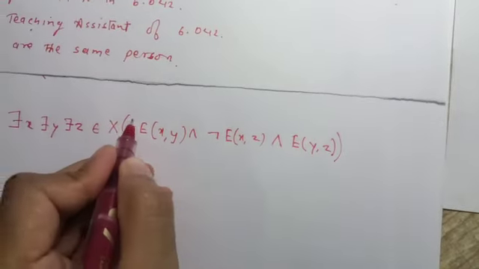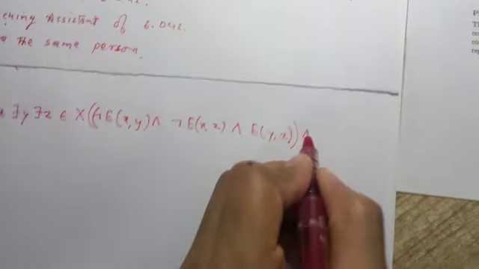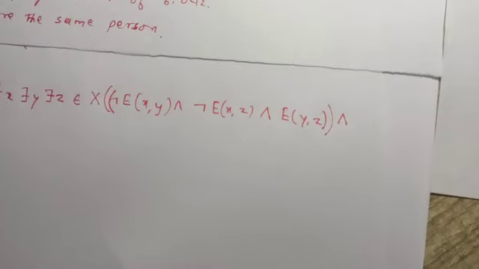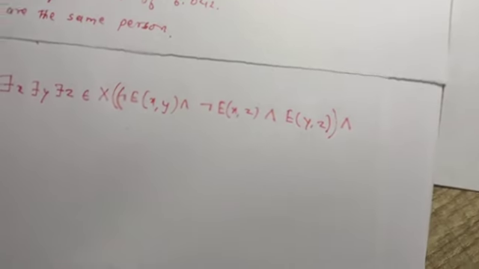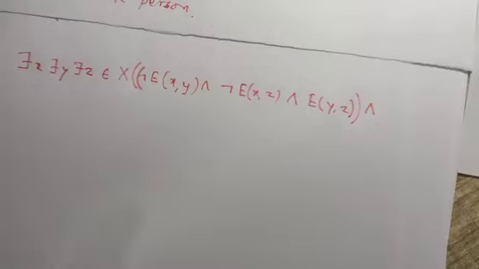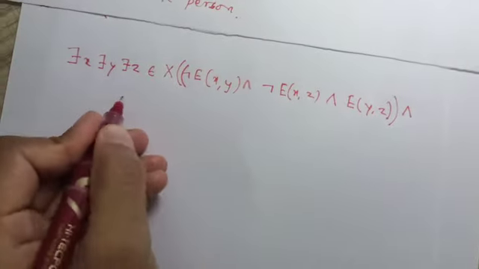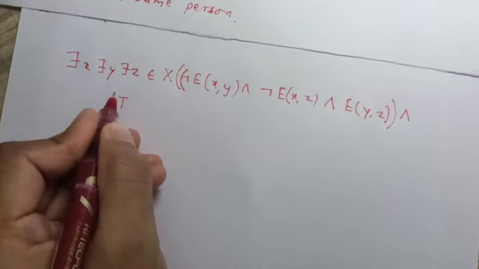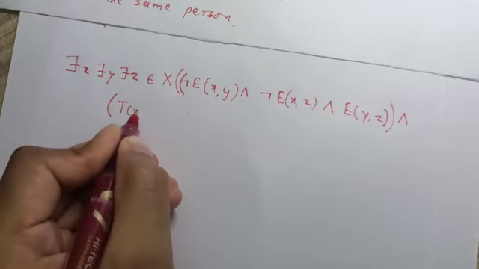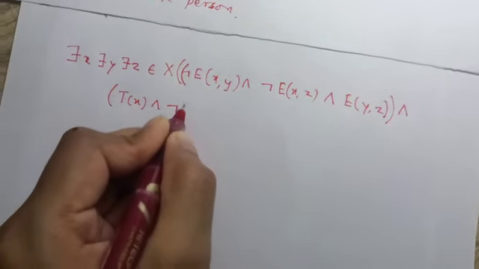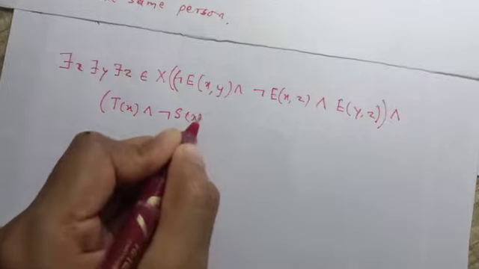so we'll put this in a bracket here, and now we'll say that these people are in the TA program but they haven't taken the course. So this should look like this. These are elements of T of X but not S of X, right?